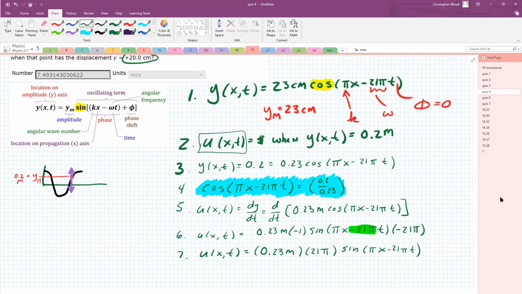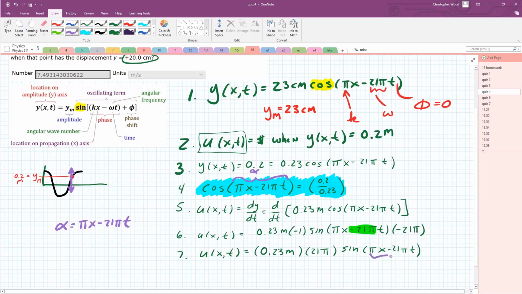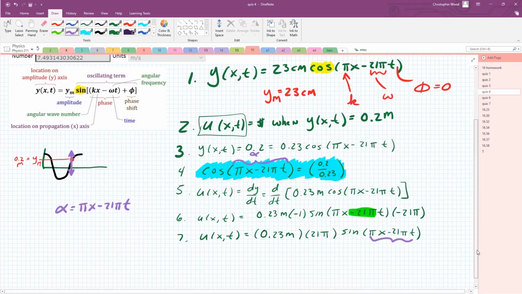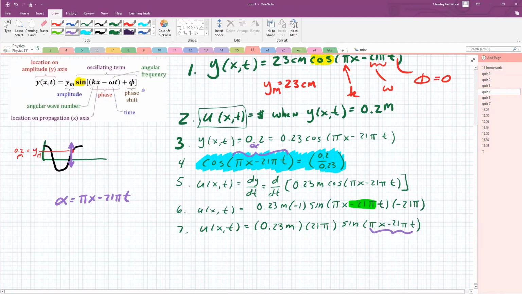So there's good news though, because I can't help but notice that I know what this argument is right here. What if I call this expression right here, the argument of cosine in step 4, alpha? So alpha is just going to be pi x minus 21 pi t. This is the same alpha here. Okay, so I can say this, number 8.